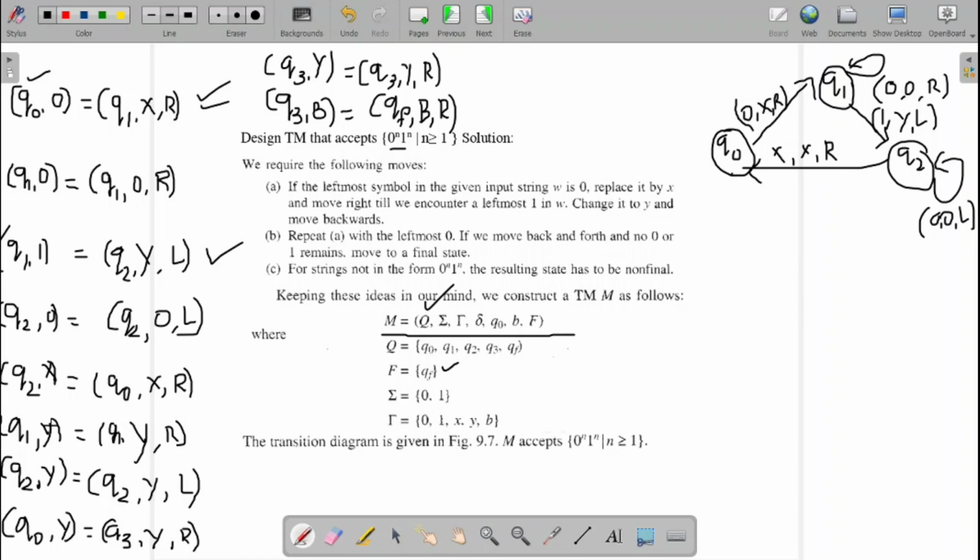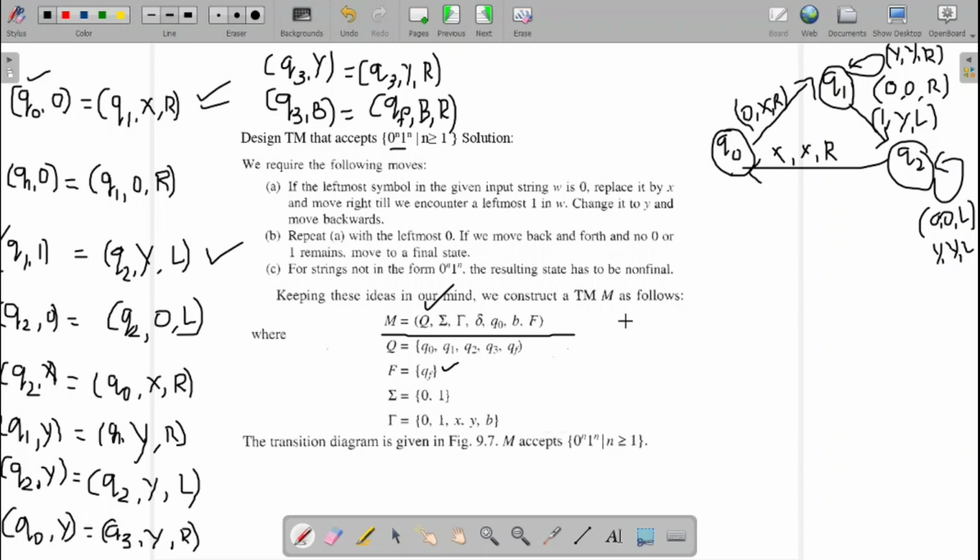Then next, Q1 on Y, we have left out something. Q1 on Y, that is Y as it is, and I will have the right movement. Then next, Q2 on Y: Y as it is, but with the left movement.